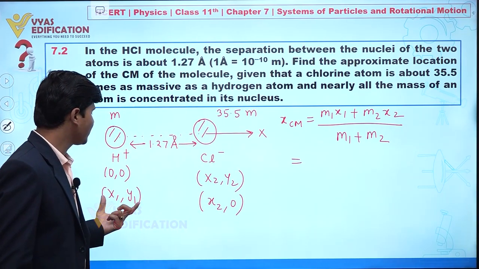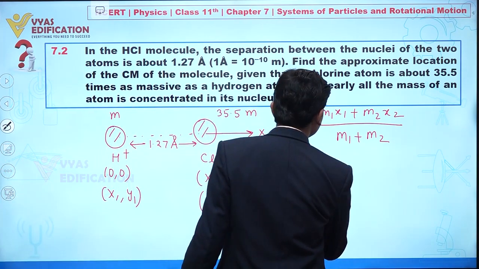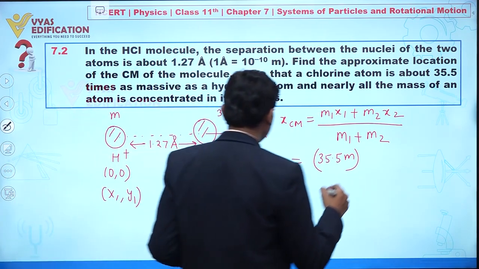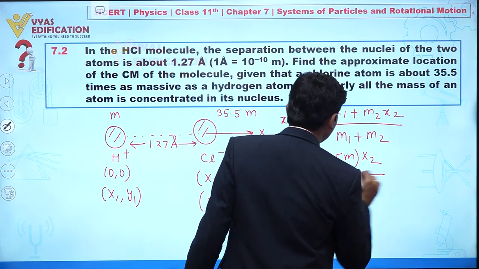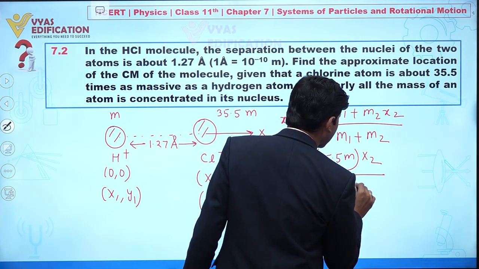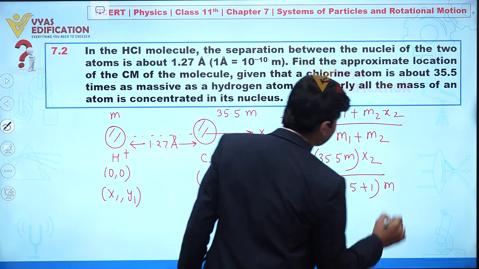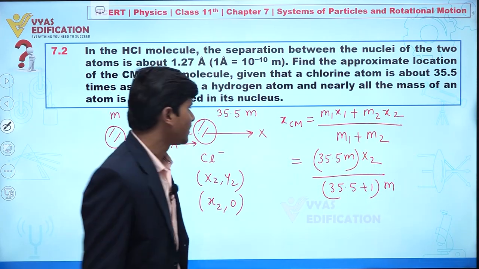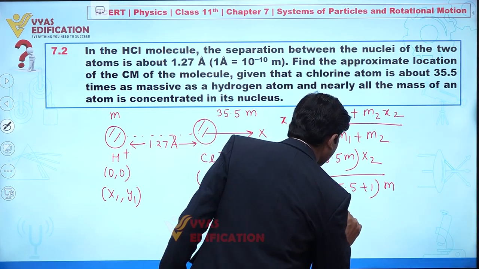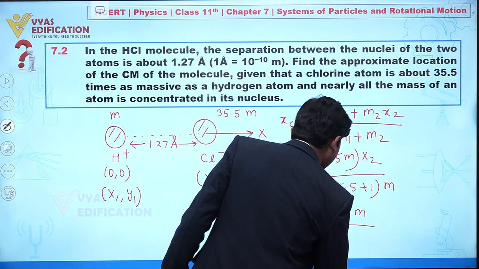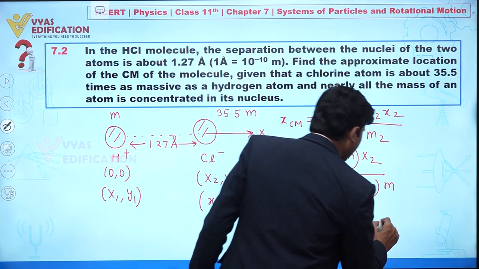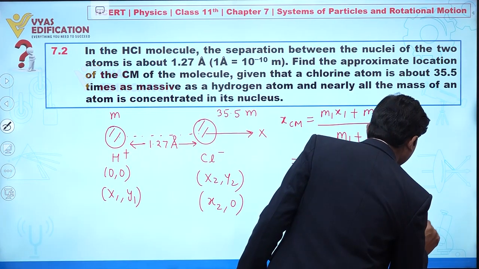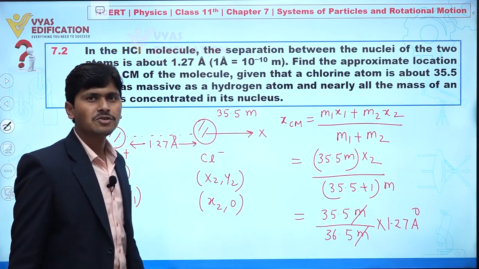Now the value of x1 is 0, so directly we have 35.5 m multiplied with x2, divided by 35.5 plus 1 multiplied with m, because we have m and 35.5 m, so in total 36.5. So this is 35.5 m divided by 36.5 m, multiplied by x2. x2 is given to you as 1.27 angstrom. So the m in the numerator and denominator cancel out.